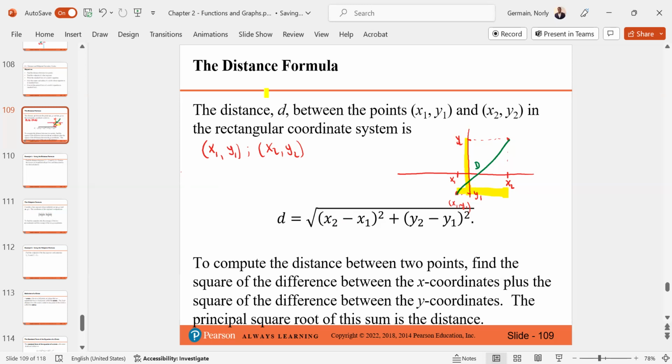So what I can do is create a Pythagorean triangle with a right angle.